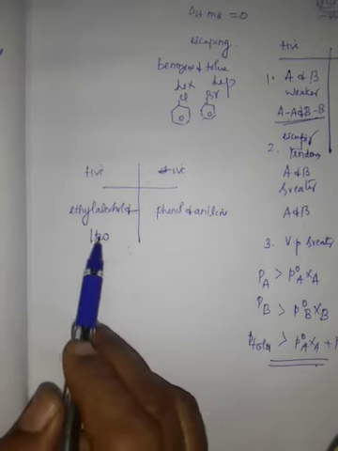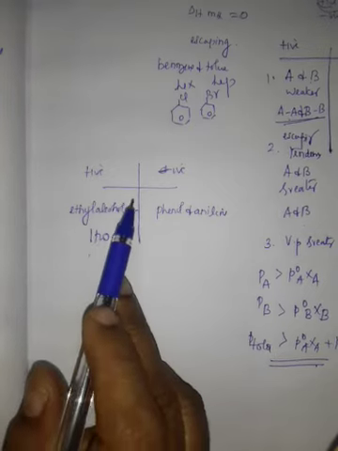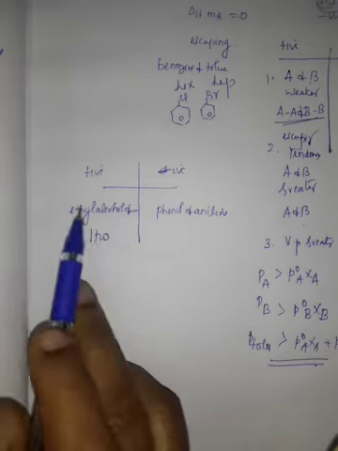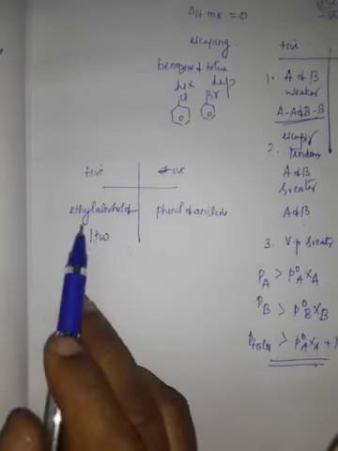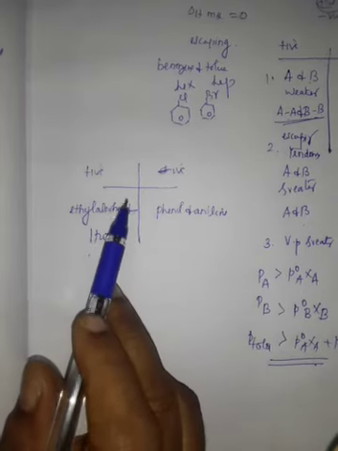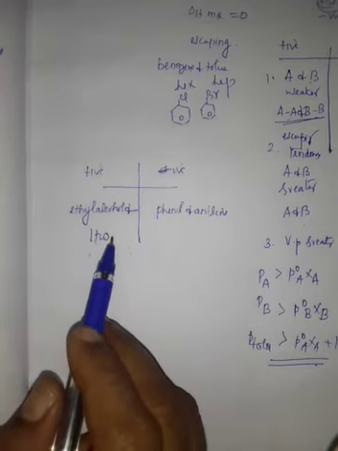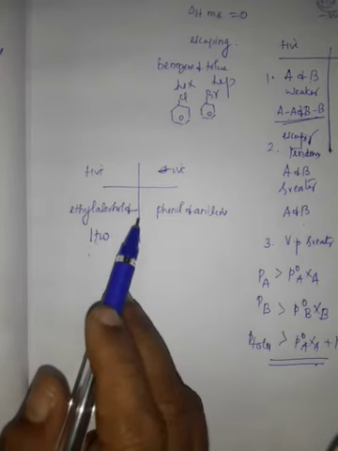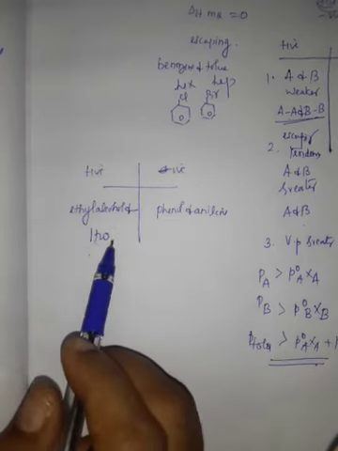So, due to this escaping tendency, that is evaporation, of both the components gets increased, so that since evaporation increased, vapor pressure is also greater than the vapor pressure predicted by Raoult's law.